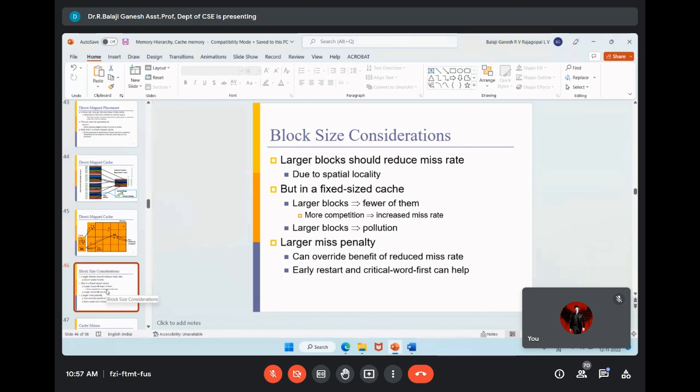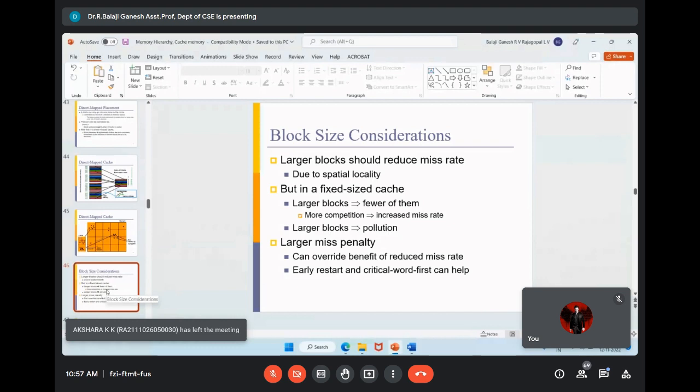In a fixed size cache, with larger blocks there will be only very few cache blocks, right? There will be more competition over which main memory block can be placed in a cache memory block. So the contention for placing a particular main memory block in the cache will be very high when we design a cache with a larger block size.